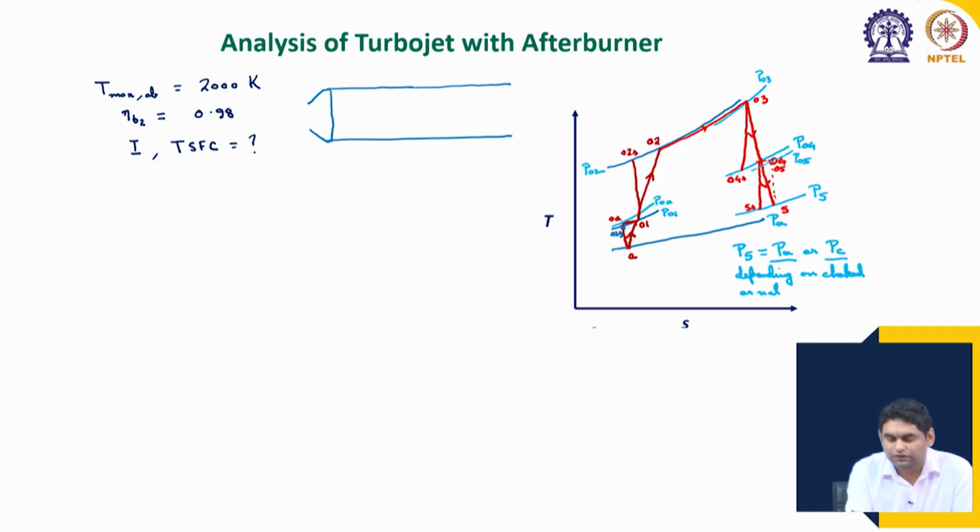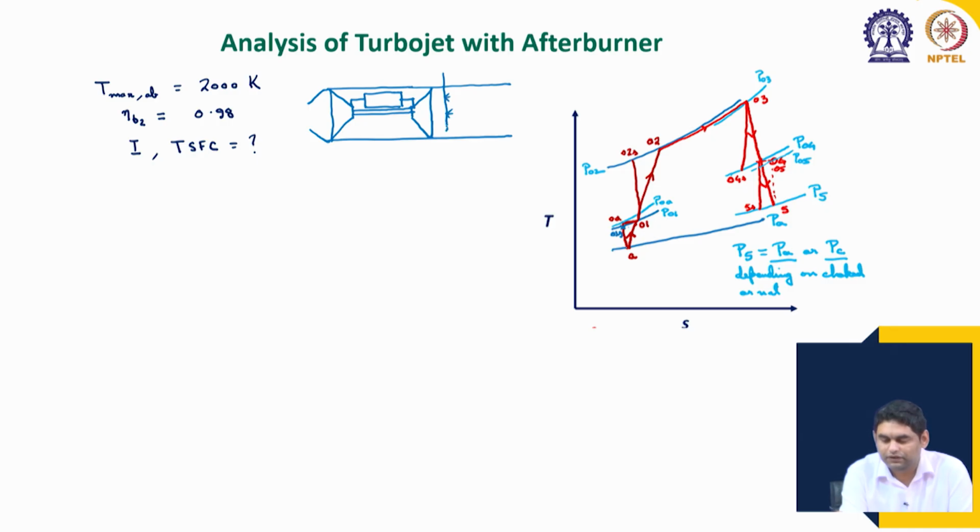There is the diffuser, then the compressor shown using a convergent section, then the divergent section shows the turbine, and in between we have the combustion chamber. Of course, it is around the periphery, but for the schematic we are just drawing one combustion chamber. Then we have the afterburner section after the turbine.